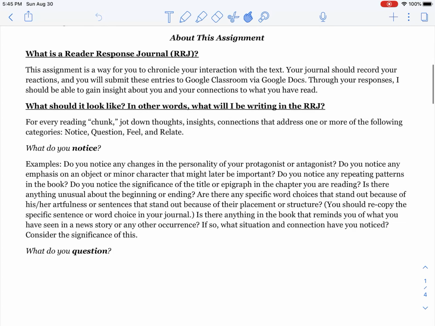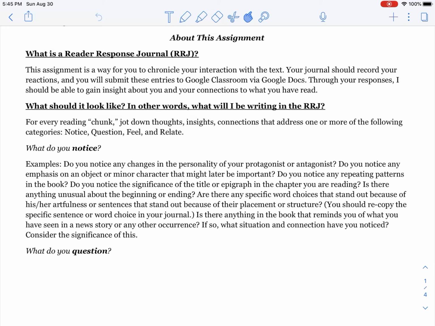They will be either notice, and here is a list of a bunch of different jumping off points for when you're looking at noticing something in a work. Do you notice any changes in the personality of the main character or the antagonist? Do you notice any emphasis on an object or a minor character? So are there symbols present?